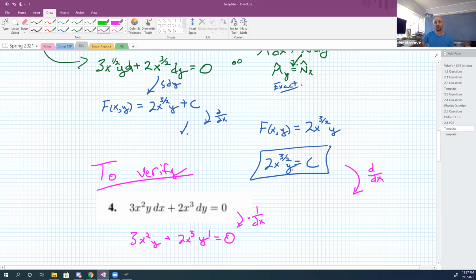If I use the product rule here, I'm going to get 2 times d/dx of x to the 3 halves times y plus 2 times x to the 3 halves times dy/dx, and that's going to equal 0. You guys with me? Okay, this stuff.